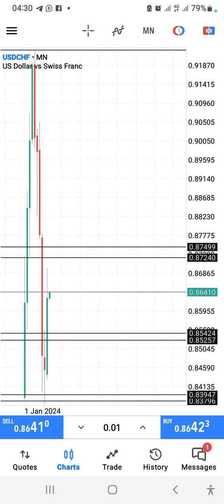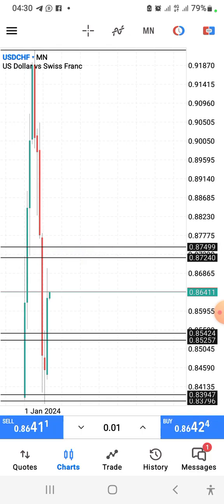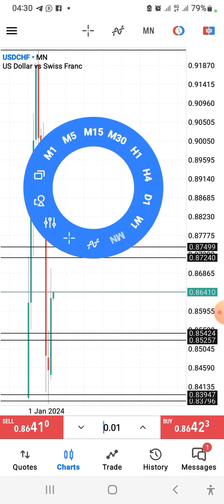Now the monthly candlestick is telling us that we have to buy. Now the level of rejection, you might consider this place. Although the moving average has not given us anything here because of the platform we are using. It's taking time to load.